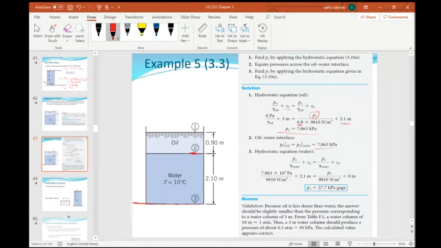At this point we use this formula: P2 over gamma water plus Z2 is equal to P3 over gamma water plus Z3.